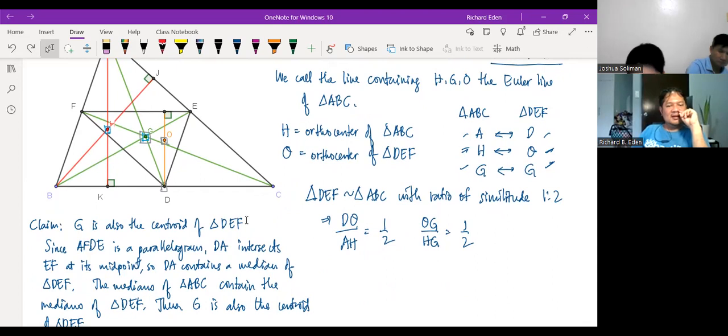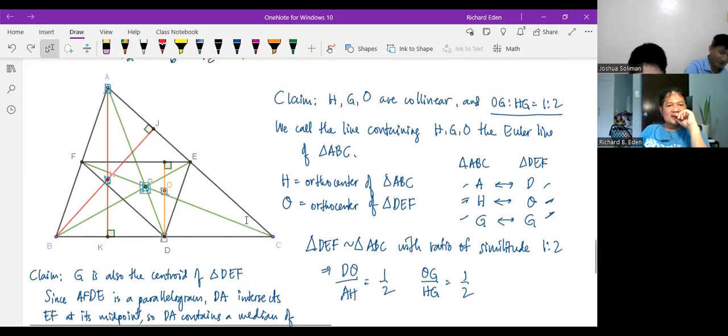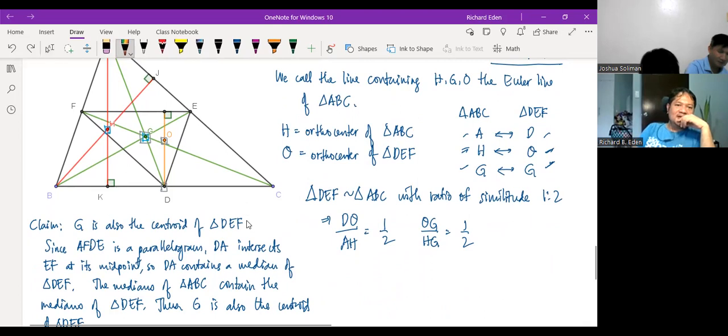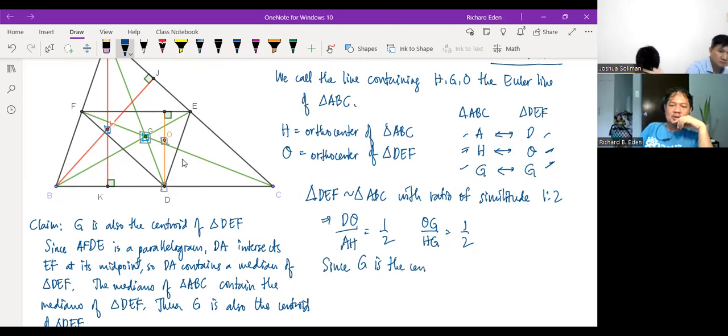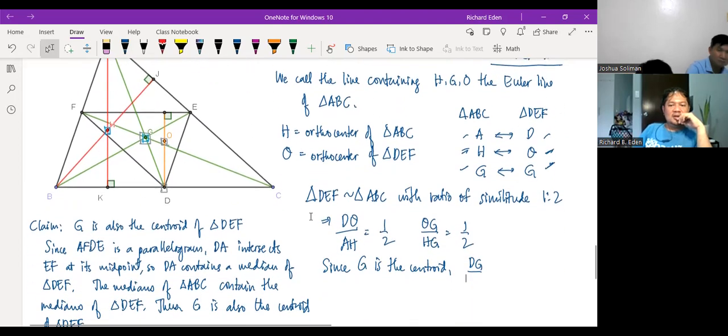Good question. Okay. Actually, isa pang gusto kong isama dito. Since G is the centroid, okay, we pointed this out earlier. Since G is the centroid, what can we say about DG over AG?